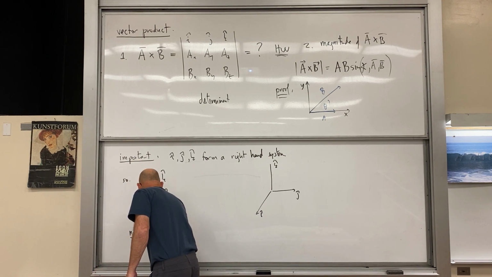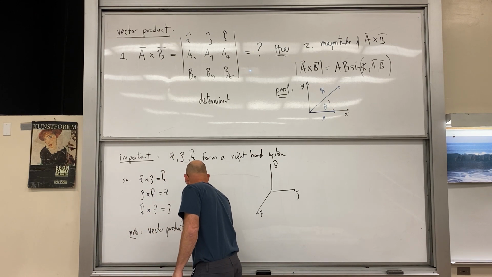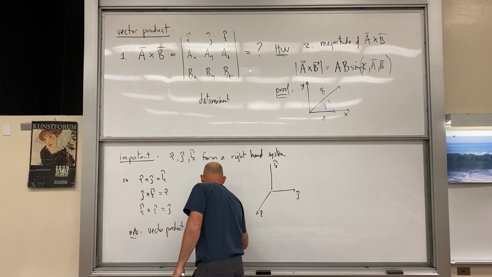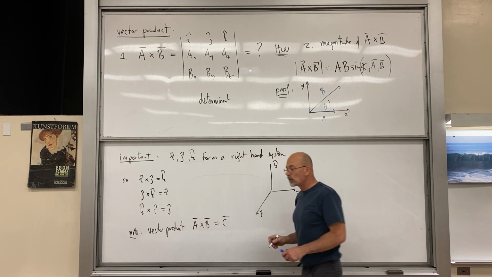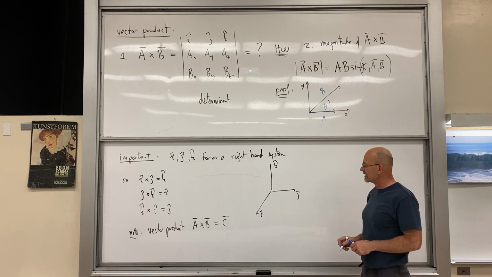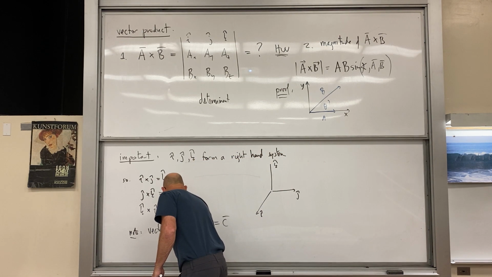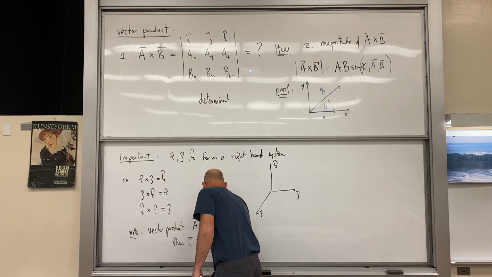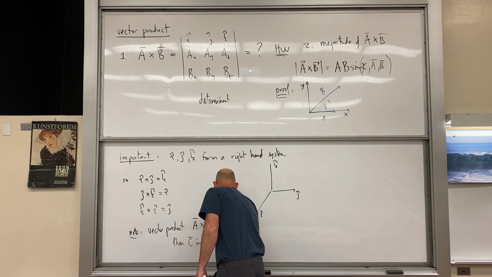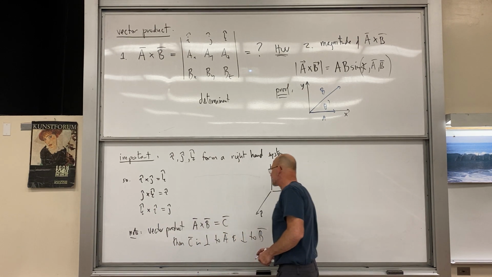The vector product A cross B equals C always defines a right-hand system itself. C is always perpendicular to A and B, and C is perpendicular to A and perpendicular to B.